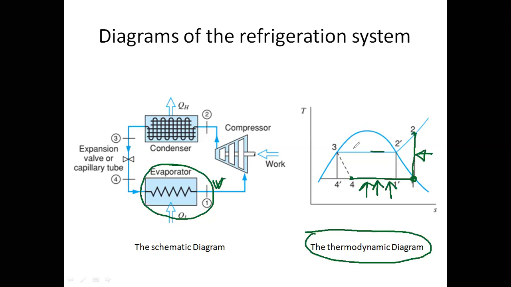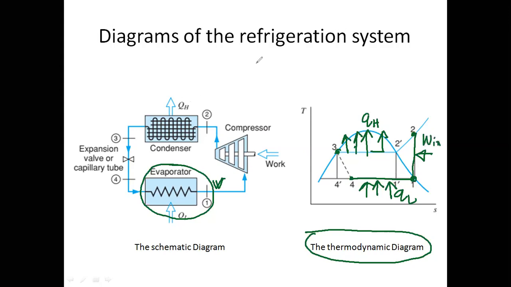This is the condensation process from 2 to 3, where heat is released to the surrounding. So this is QL, this is QH, and this is W in.